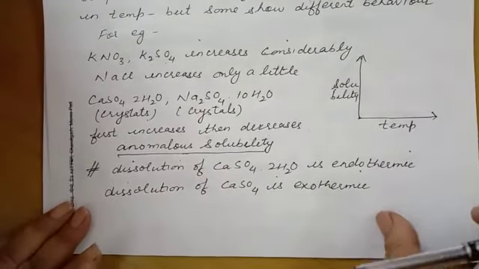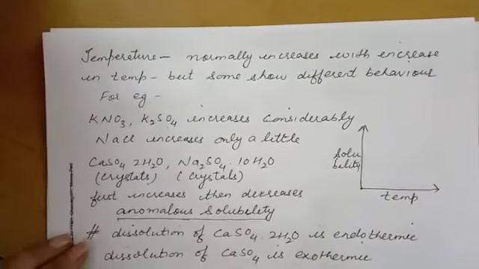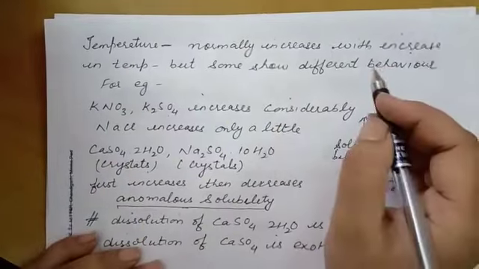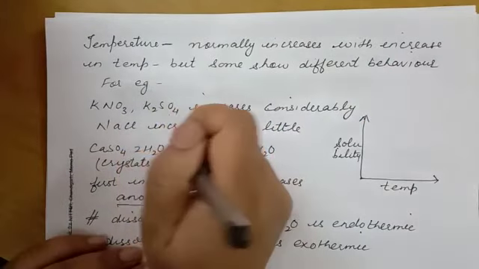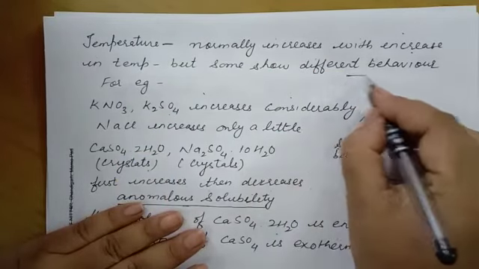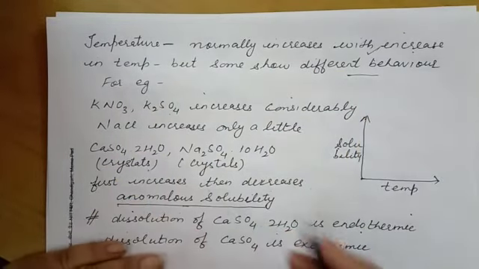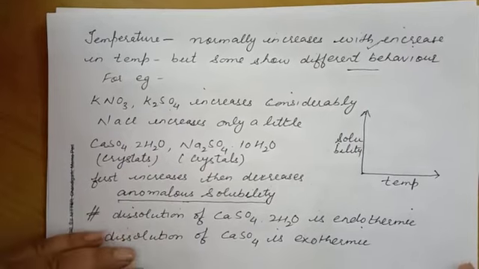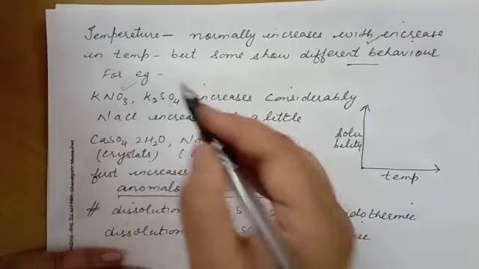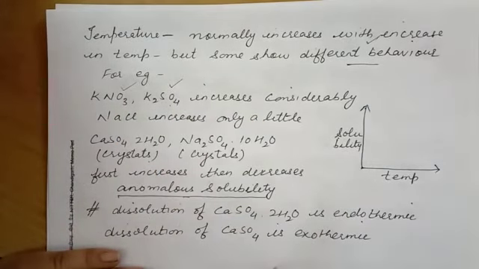Next factor is temperature. Normally, solubility increases with the increase in temperature, but in some cases it shows different behavior. Let me understand this by taking some examples. For example, this is potassium nitrate and potassium sulfate.